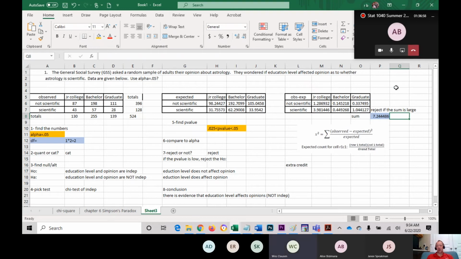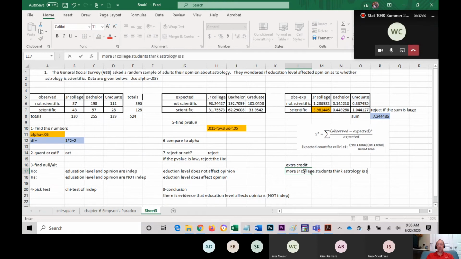Those junior college kids. Yeah, that's the one right there. So the junior college people think that astrology is scientific. In fact, more junior college students think astrology is scientific.